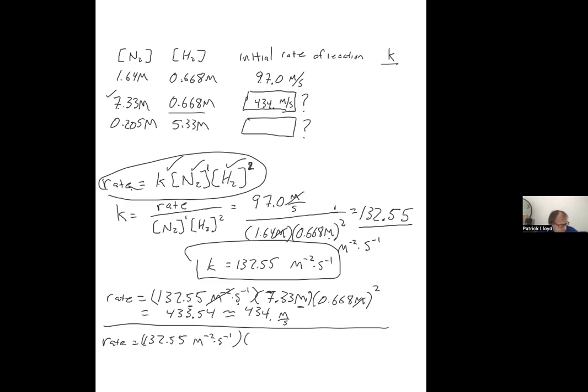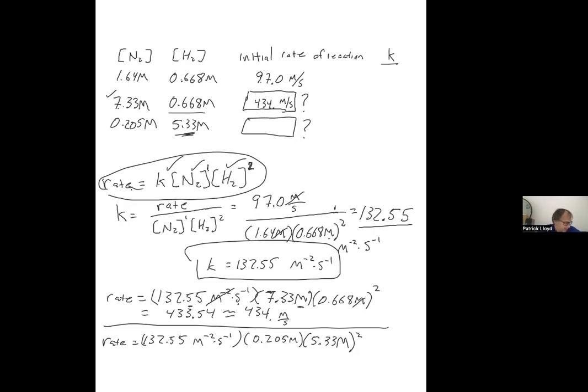Now we have 0.205. It's going to be a smaller number there, but this one's bigger. This has been jumped up quite a bit. And not only is it larger, we've got to square it. So that's going to be probably a pretty big rate. It's probably going to be bigger than the second or the first one because you're multiplying it by 5.33 squared.